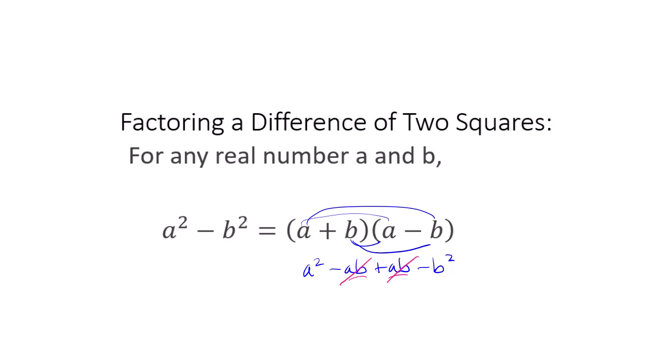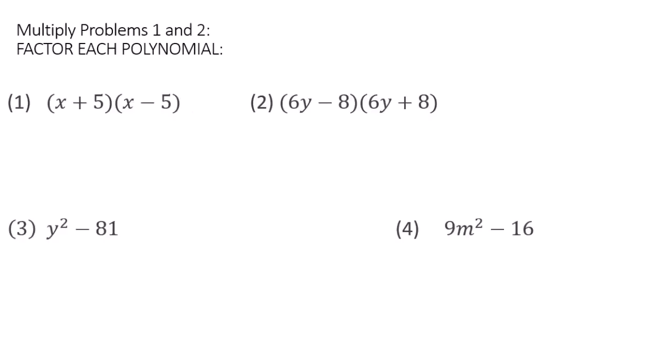And so what we're left with is a squared minus b squared. Okay? All right, so that's the first type of factoring we'll work with, and this one is probably the easiest to identify of the perfect square or the special products, and probably the easiest to work with.